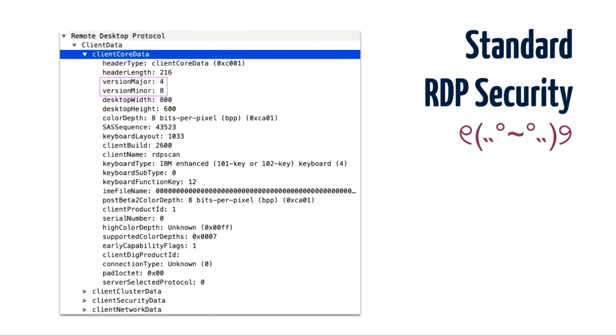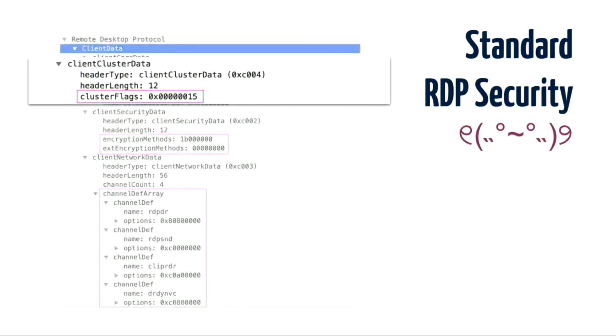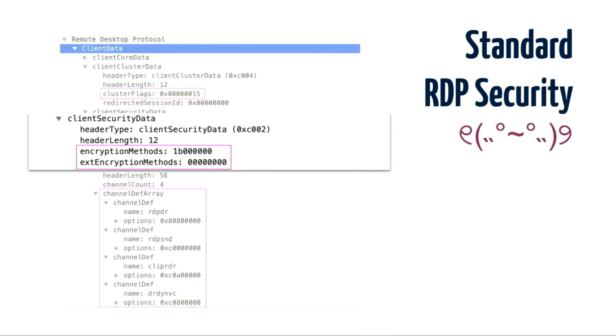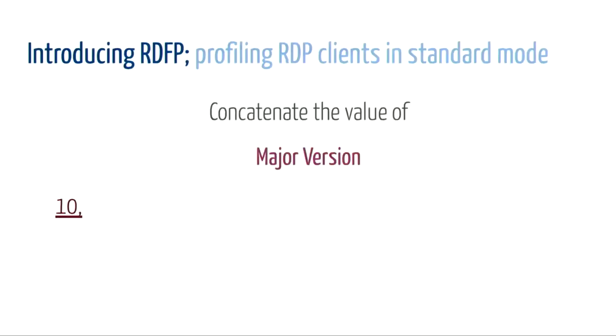There are interesting things like keyboard layout and some other things which have been used for a long time for hunting. But for the purpose of fingerprinting, I used the minor and major version, and from the cluster data, I extracted the cluster flags, encryption methods, and EXT encryption methods from security data, and channel def from network data.